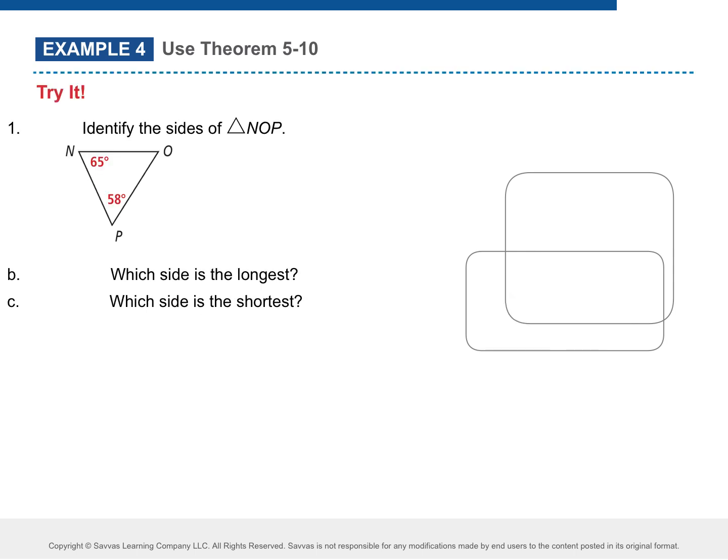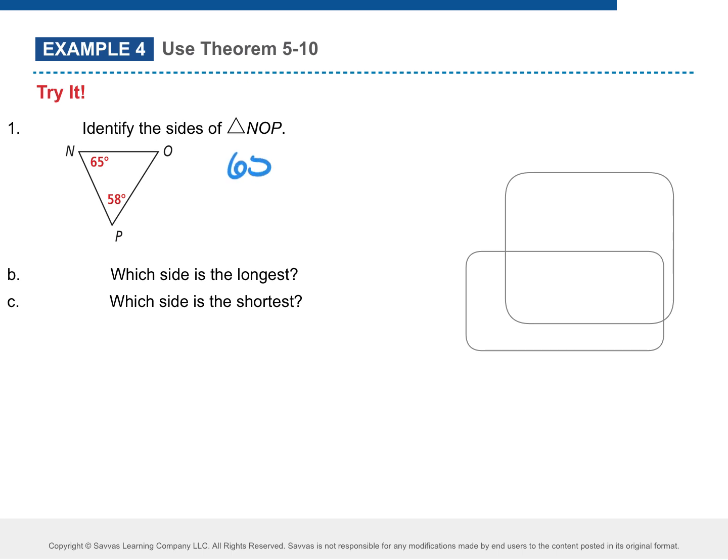Okay. On example 4, do we have enough information to know what's the biggest side and the smallest side? We don't yet, but do we have enough information to figure it out? Okay, so what do we need to know first? We need to find this missing angle measure. How do we find that? Yep, we know two angles.